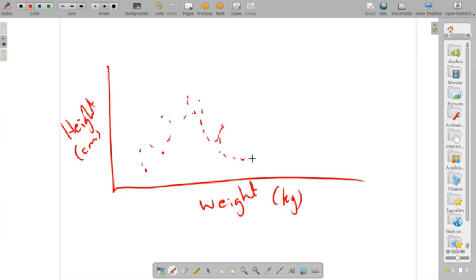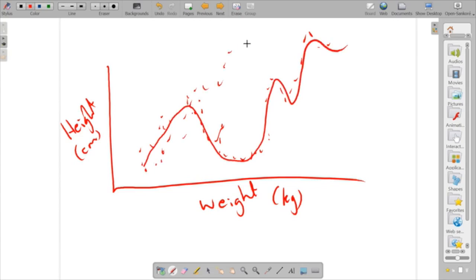But if it comes back down and wiggles around a lot like that, that would not be considered monotonic. Monotonic would mean it just goes up like this. It doesn't have lots of wiggling around going up and down.